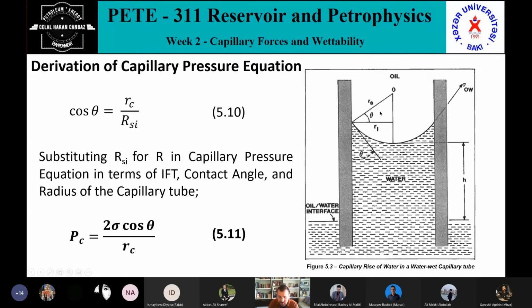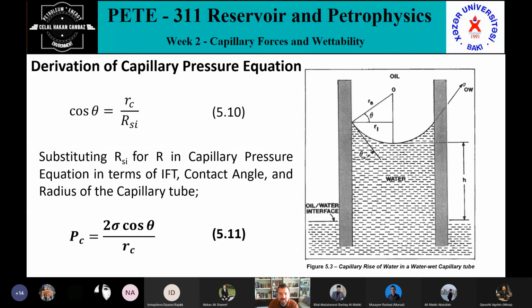So cos theta is RC divided by RSI. RC is the radius of the capillary tube; here it's shown as RL, but it's RC. And RSI is the radius of the spherical interface.